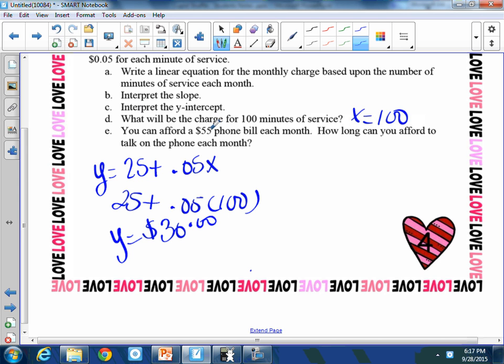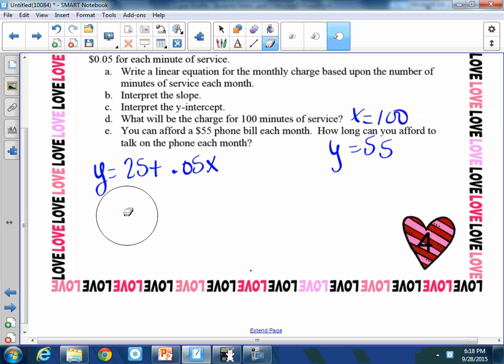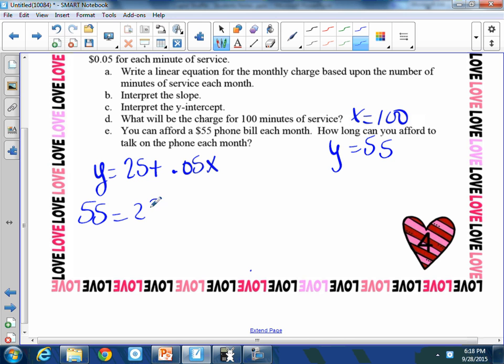You can afford a $55 phone bill each month. How long can you afford to talk on the phone each month? So now, $55 bill, that would be that y equals 55. So if you understand what y and x are for, it's really easy to plug in the numbers or substitute the numbers because you will know where to do it. So now y equals 55 equals 25 plus 0.05x.